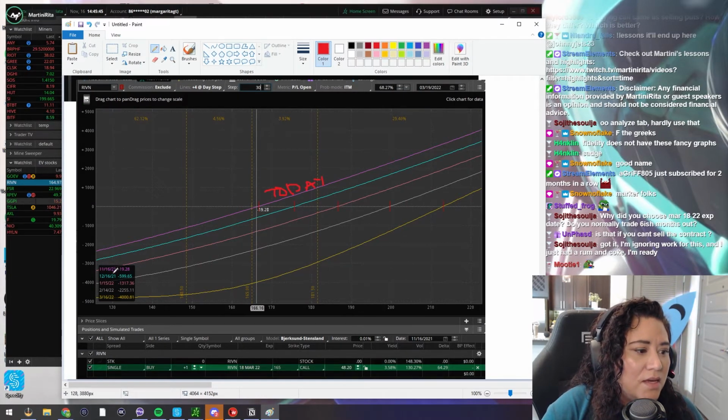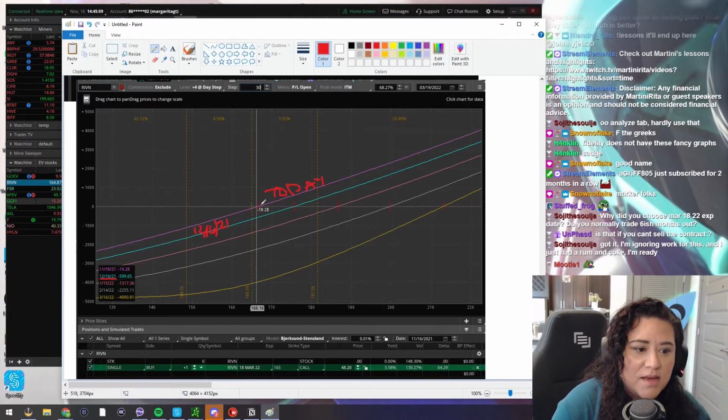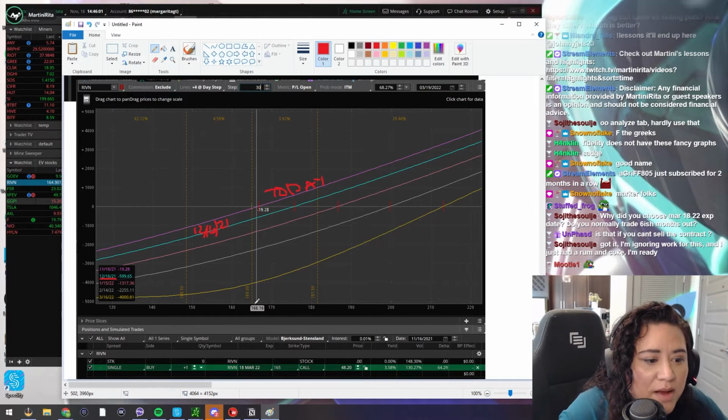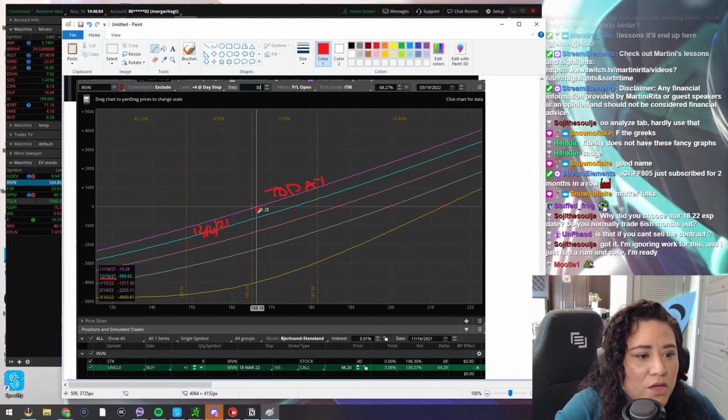You can see in the key here, it says December 16th is the blue line, so 12/16/21. In 30 days, if Rivian's price stays the same, you will lose money. See that decay? You will lose $1,000.